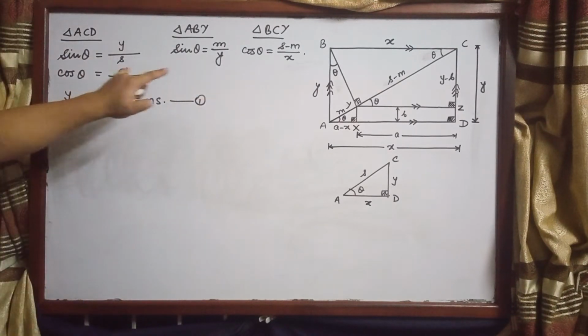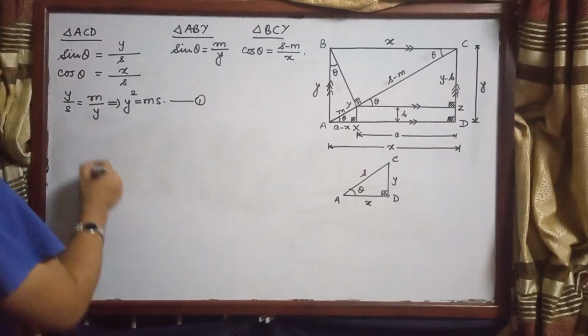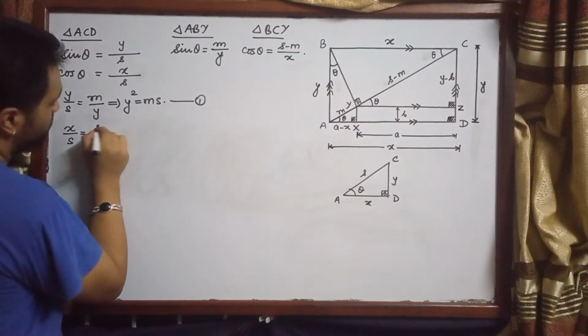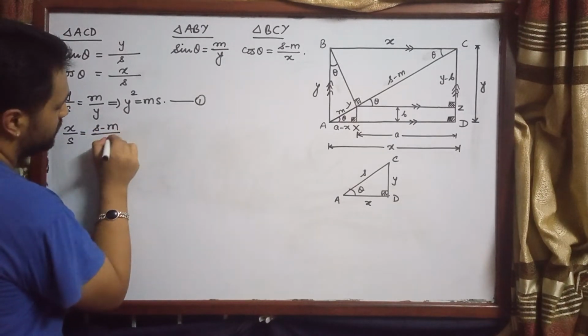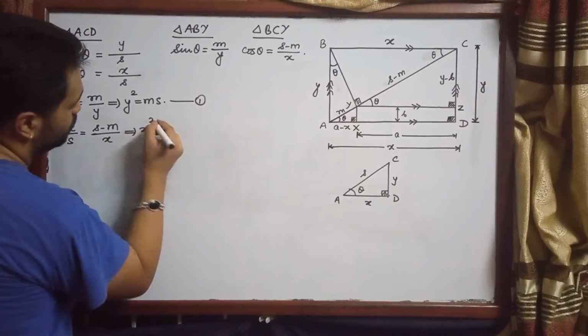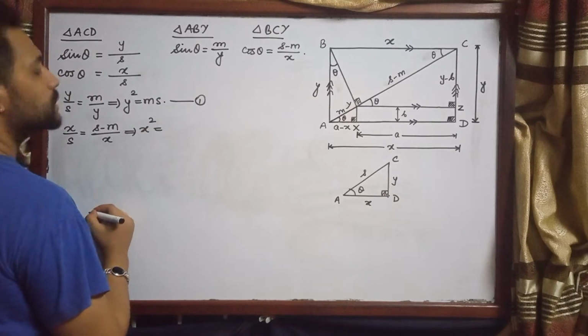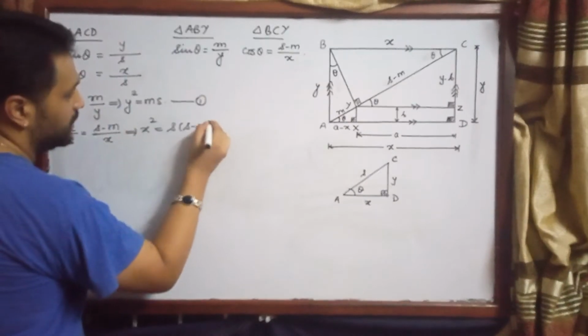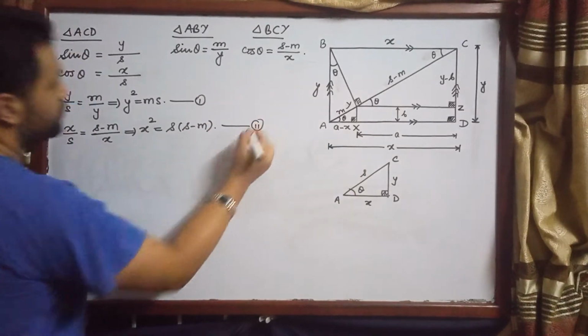And from these two values of cosine theta, we get X over S is equal to S minus M over X, which means X squared is equal to S times S minus M. Let's call it equation 2. We're almost done.